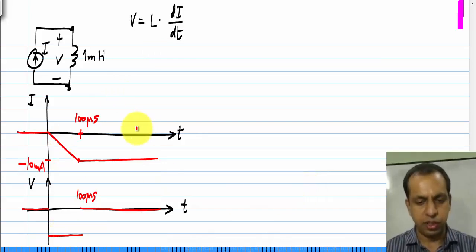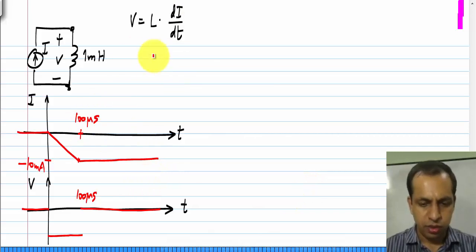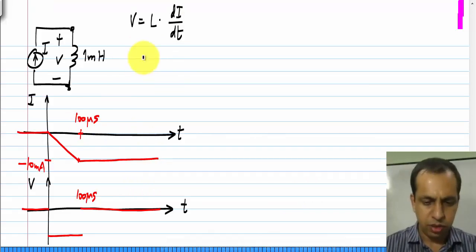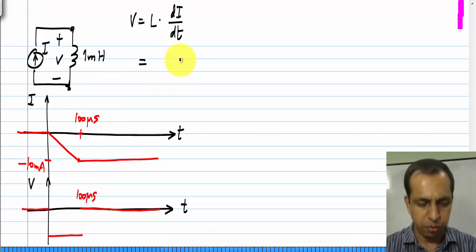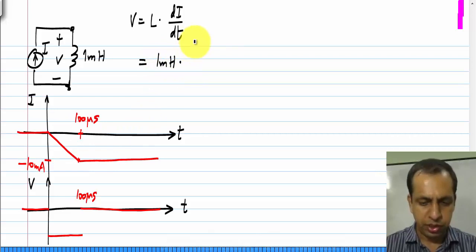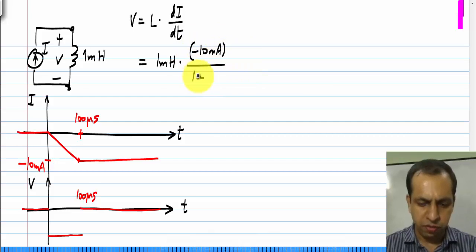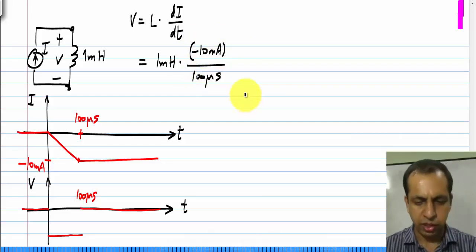And how much is that voltage? Remember, I have taken these to be straight line segments. So, it is easy to calculate the slope. It will be 1 millihenry times a change of minus 10 milliamp over an interval of 100 microseconds.